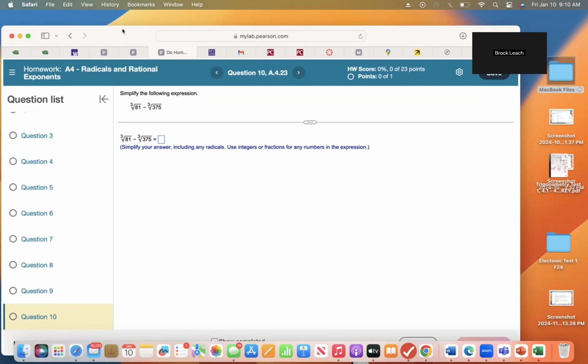The general idea with multiplication and division, and this applies for any radicals, square root, cube root, what have you: the nth root of a times the nth root of b is equal to the nth root of a times b.